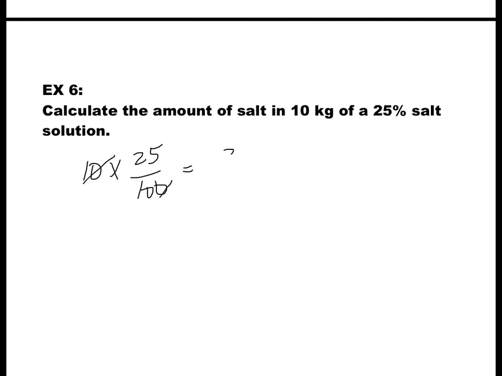So the answer is 25 over 10, which is 2.5 kilogram. So this means that out of 10 kilogram, 2.5 kilogram is salt, and the rest, which is 7.5 kilogram, is some other substances.